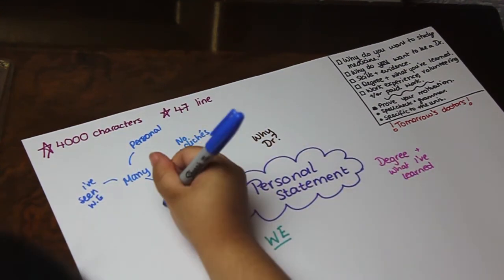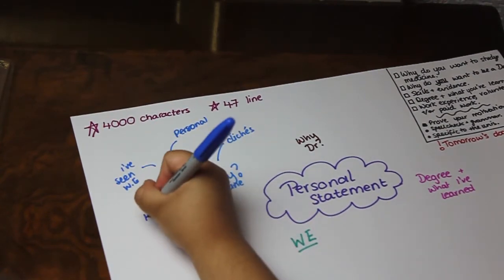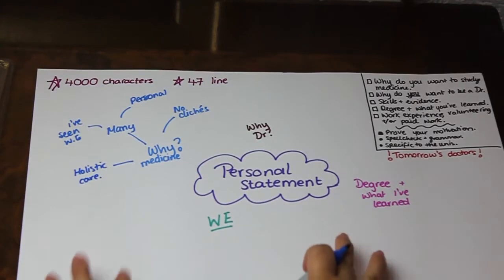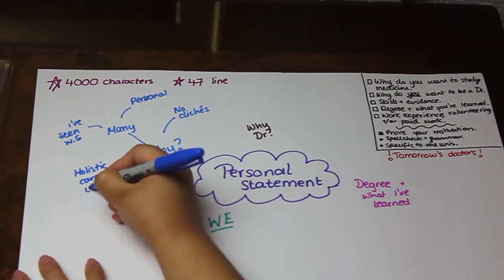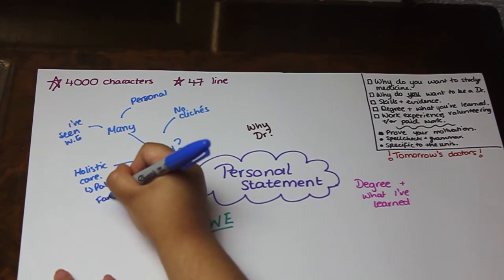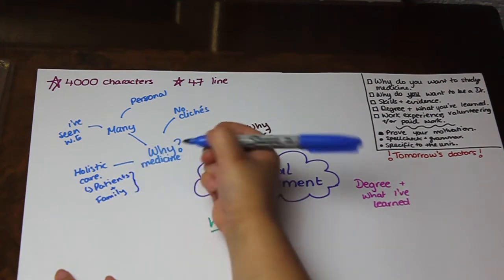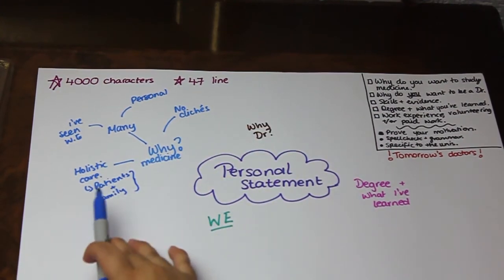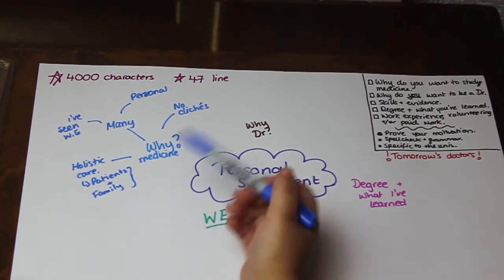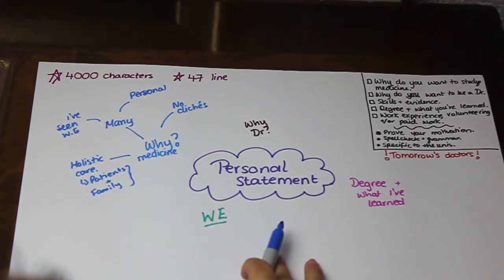A particular interest of mine is holistic care and making sure that the care isn't just for the patients, but also for the family as well, because at the end of the day the family are affected almost in just the same way as a patient is. I've always been a true believer that you need to focus on both the patient but also their family, their friends and their relatives. So that's just my thing. You'll have your own reasons.